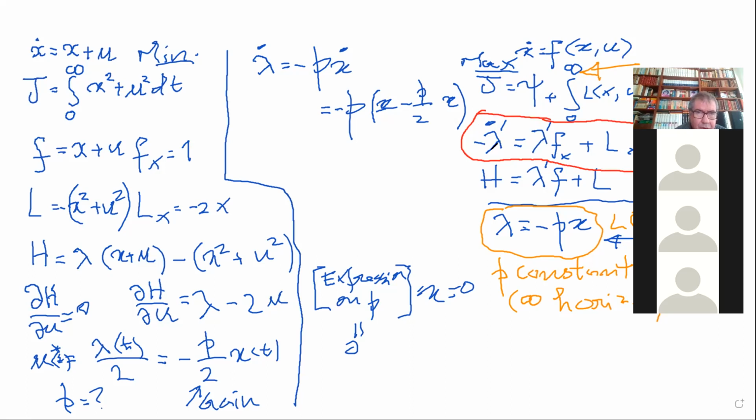So what is the equation for lambda? Let's write it here: lambda dot. Can I get rid of the transpose? Yes, because it's scalar. So minus lambda dot should be lambda times the partial derivative of f with respect to x, the Jacobian matrix of f, plus l x. Where do we have it?